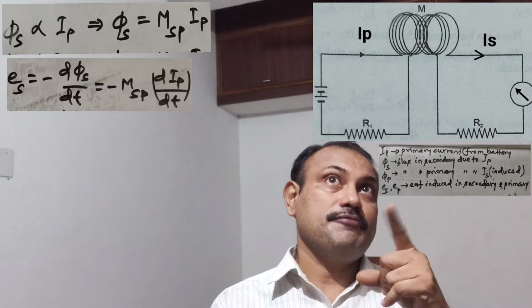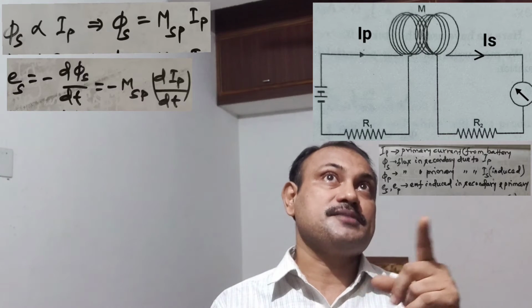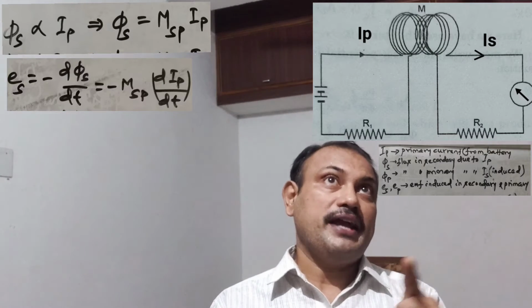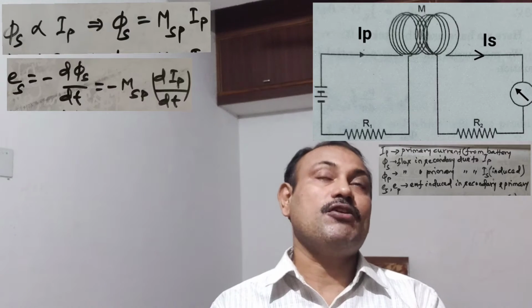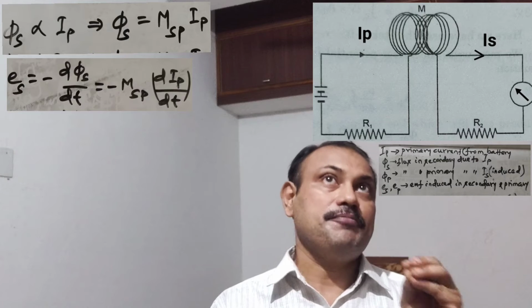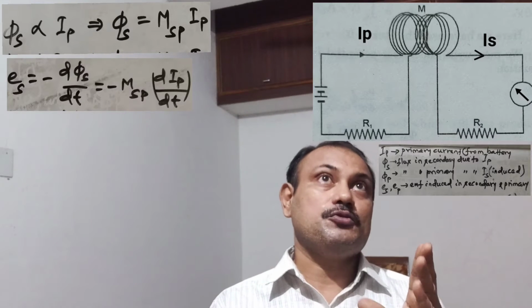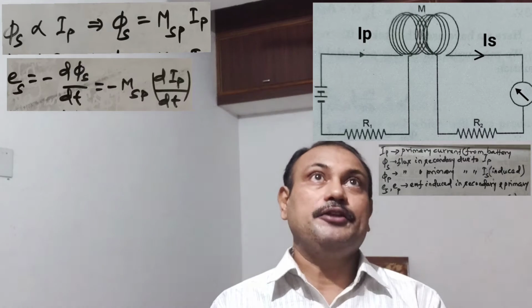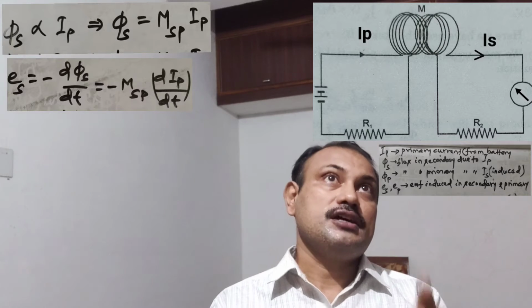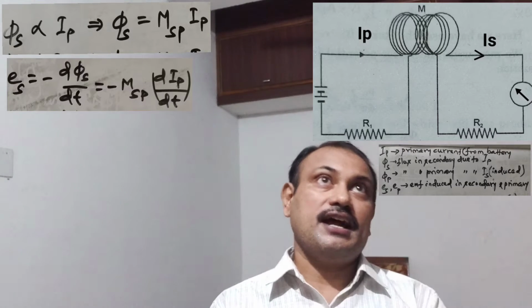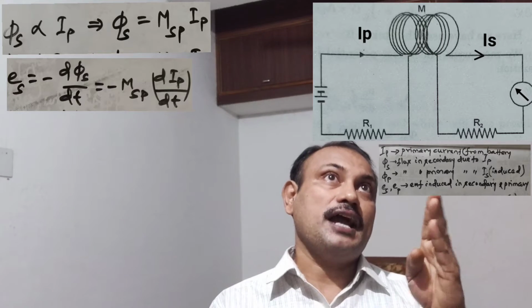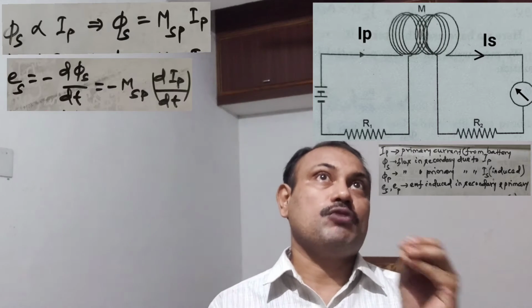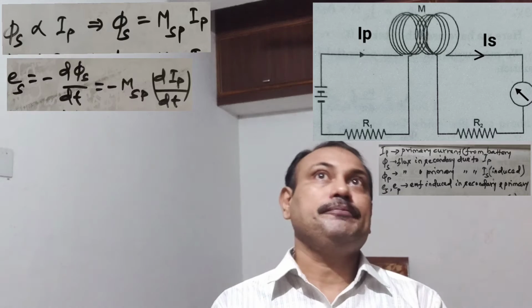So here, if phi S is equal to MSP times IP, then minus d phi S by dt must be equal to ES, the secondary coil EMF developed. Substituting the phi S value, MSP being constant taken outside, we get minus MSP times dIP by dt, which is equal to the EMF in the secondary coil.